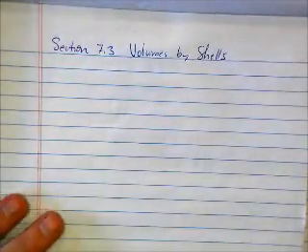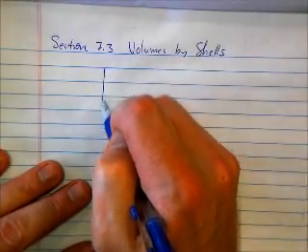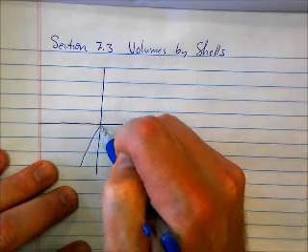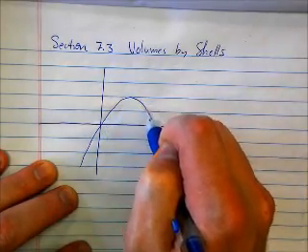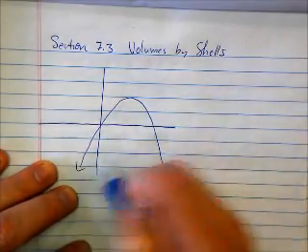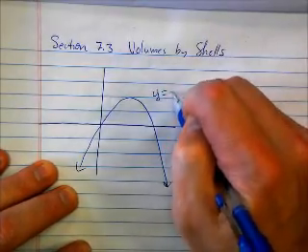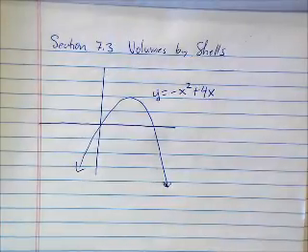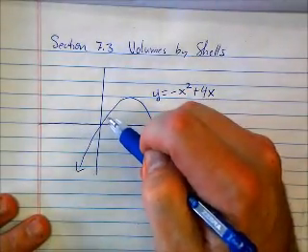Section 7.3, volumes by shells. Let's say I gave you this picture. This is the graph of y equals minus x squared plus 4x. And I wanted this region here.